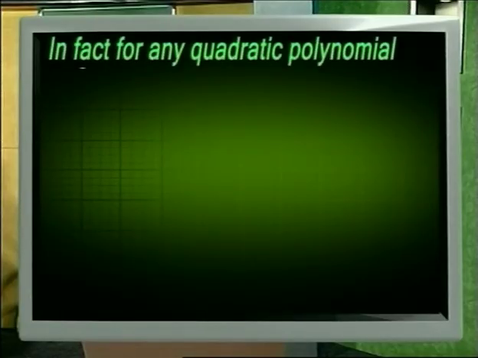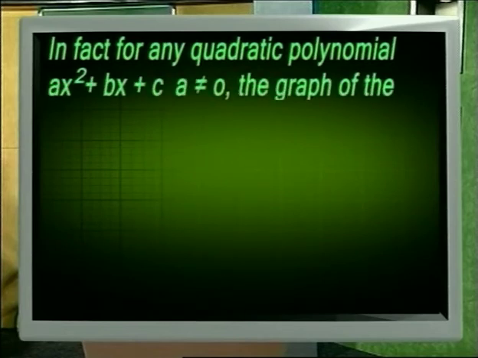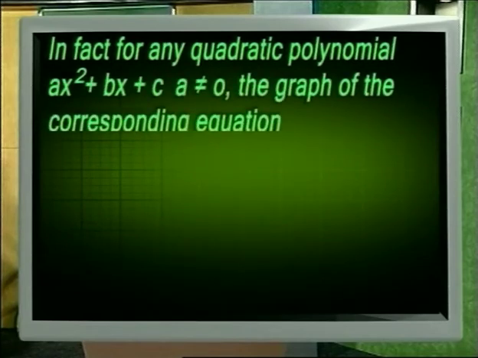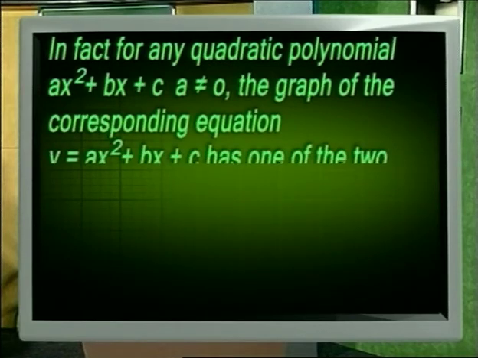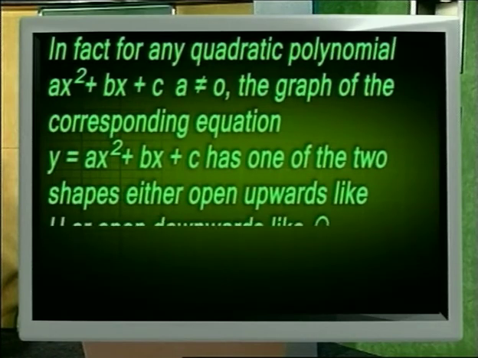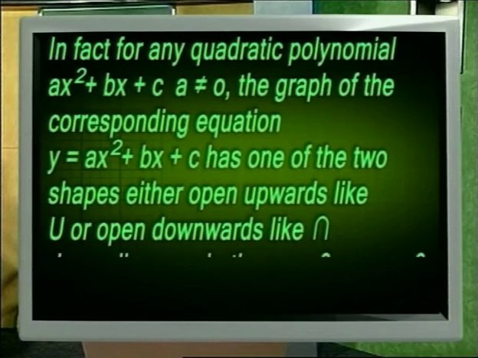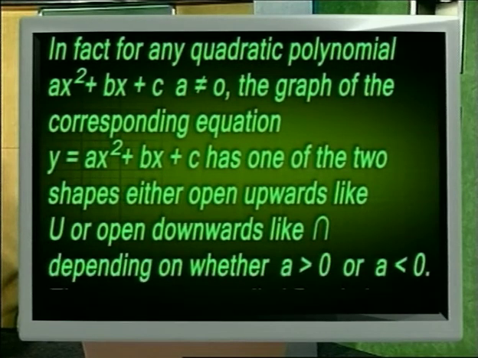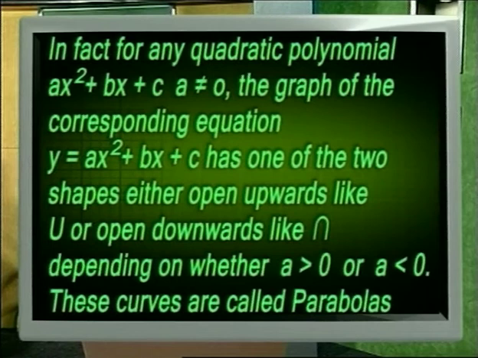In fact, for the quadratic polynomial ax square plus bx plus c, where a is not equal to 0, the graph of the corresponding equation y equals ax square plus bx plus c has one of two shapes, either open upwards like U or open downwards like an inverted U, depending on whether a is greater than 0 or a is less than 0. These curves are called parabolas.